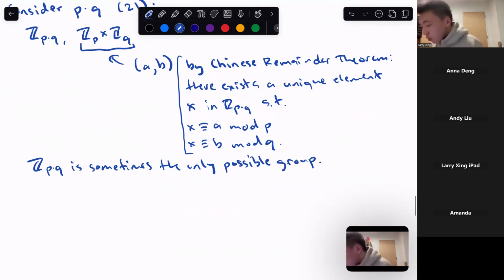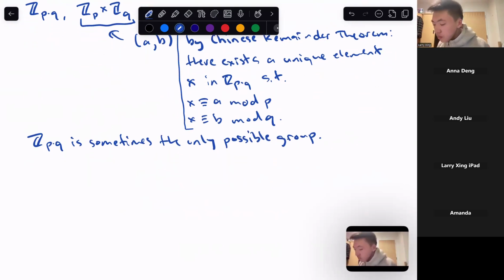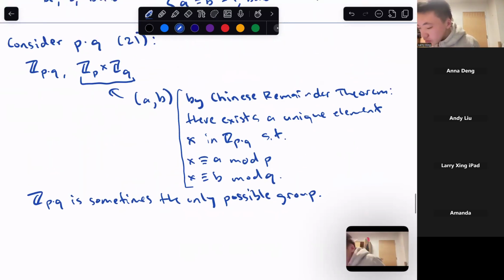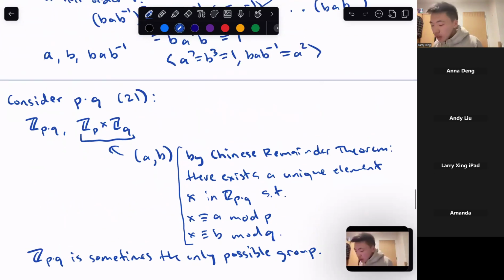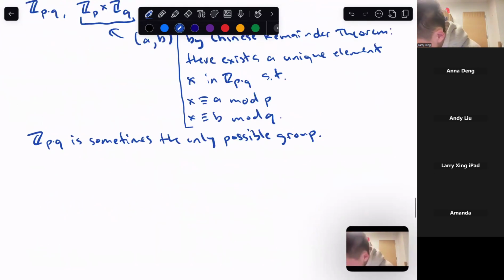So when might we have more groups? Well, let's try to generate these groups. Let's say we want to find an element A with order 7.